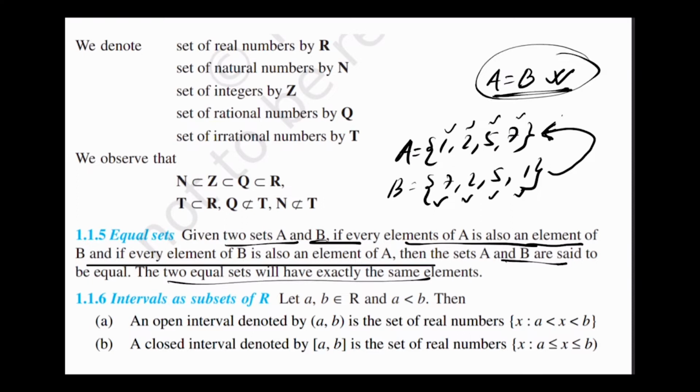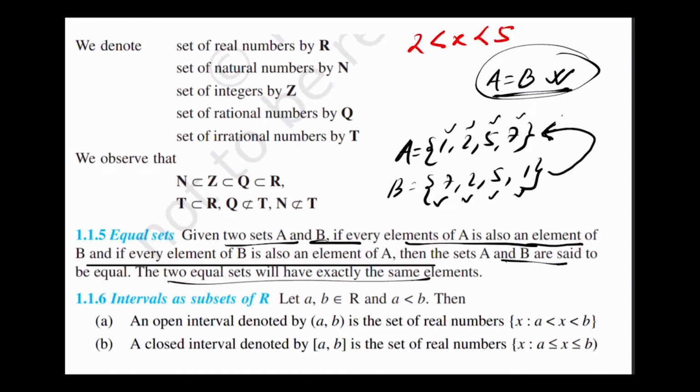Now, in order to represent subsets in interval form, what we do is use a number line. I think you have learned this in class 11th linear inequalities, correct? In that chapter we learned how to express continuous numbers on the number line. Let's say we have a number x which is greater than 2 but less than 5.